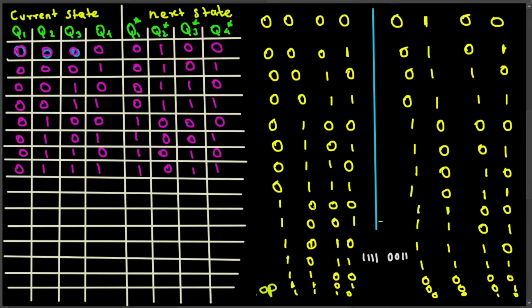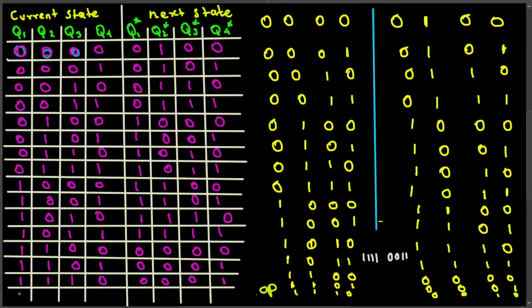Okay, we are right here. 1 0 0 0, 1 1 0 0. 1 0 0 1, that is 1 1 0 1. 1 0 1 0, that is 1 1 1 0. 1 0 1 1, that is 1 1 1 1. 4 ones. 1 1 0 0, 4 zeros. 1 1 0 1, 0 0 0 1. 1 1 1 0, that is 0 0 1 0.